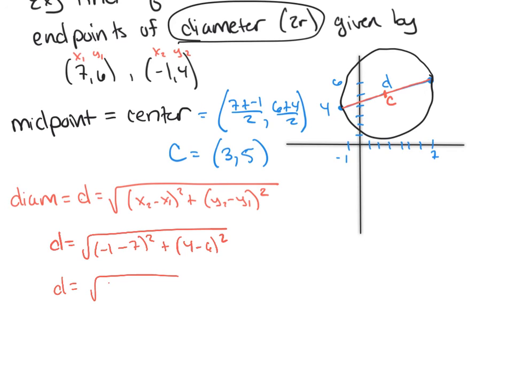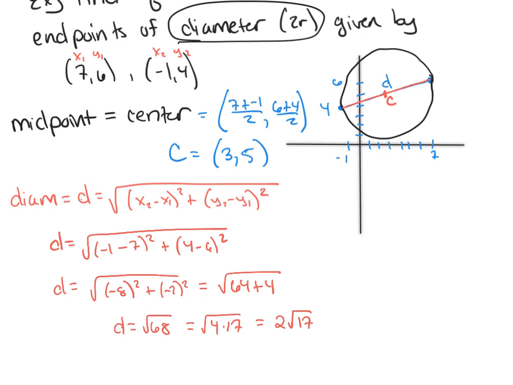Okay, negative 1 minus 7 is negative 8 squared. 4 minus 6 is negative 2 squared. So what's that, 64 plus 4? So our diameter is the square root of 68. 4 goes into that 17 times. So our diameter is 2 square root 17.